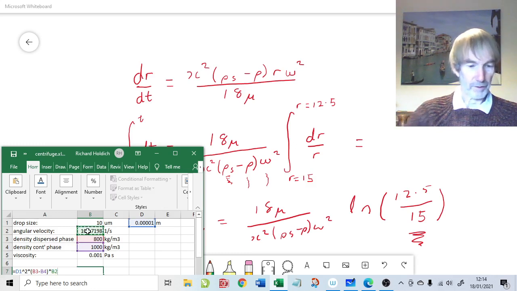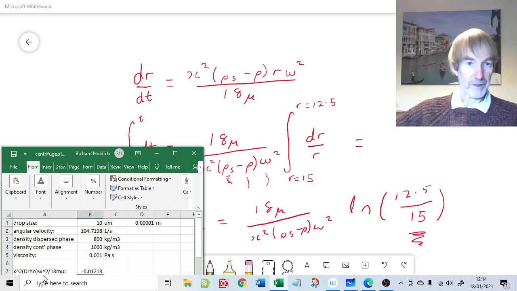Then we need to divide that by 18 times by the coefficient of viscosity. And that, close the brackets, gives us that value.